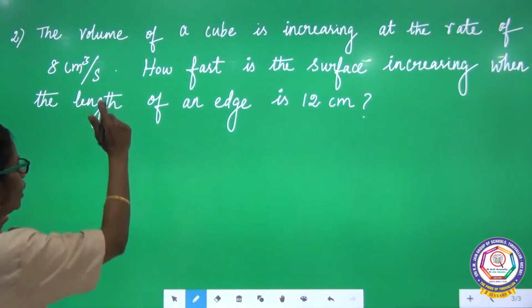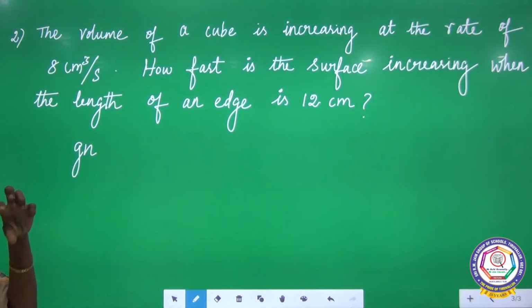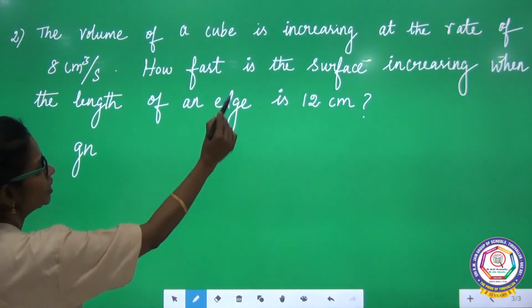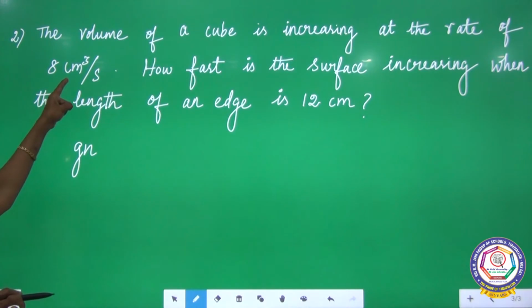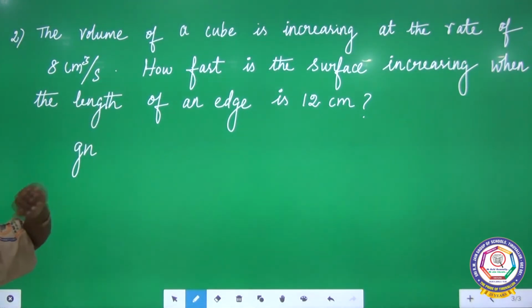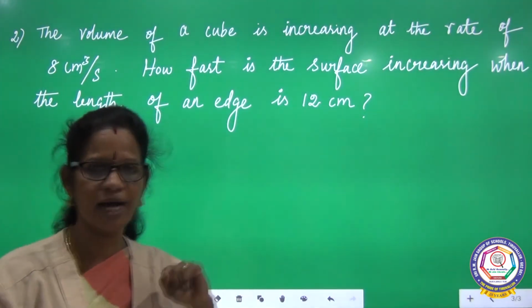Right? So, given the first statement, let me change it into a simple format. The volume of a cube is increasing at the rate of 8 centimeter cube per second, right? Per second means the time should always be represented in terms of second, minute, or hour.